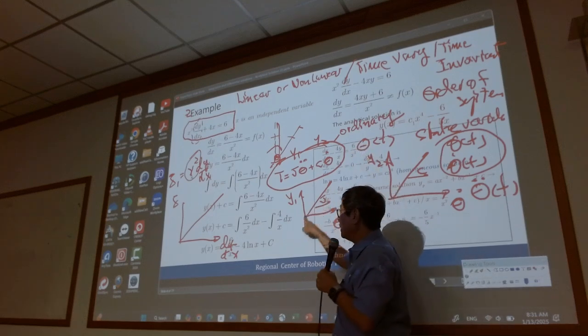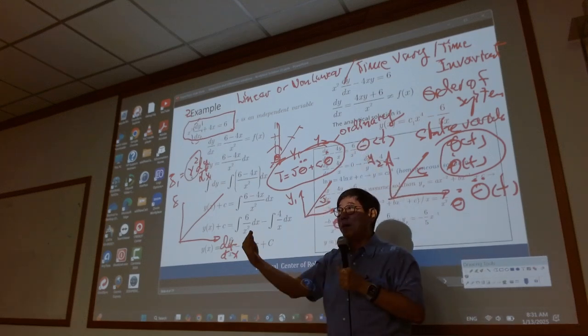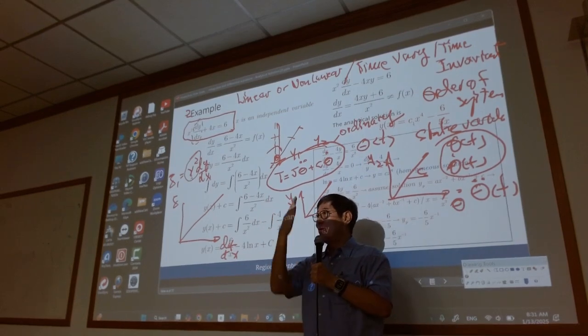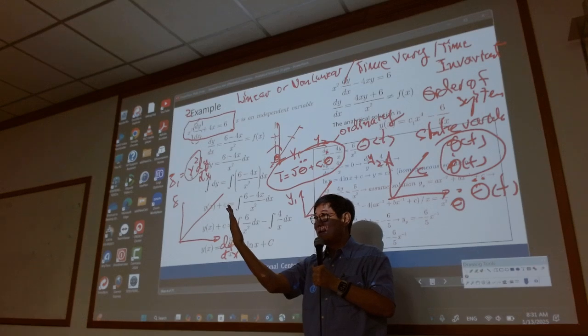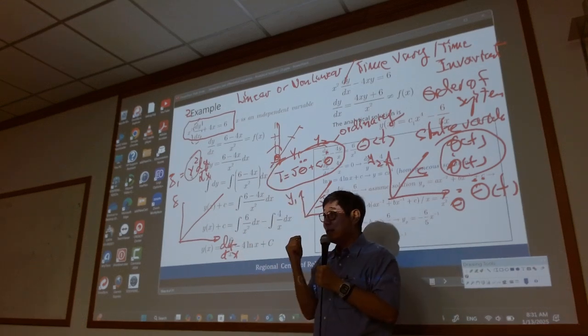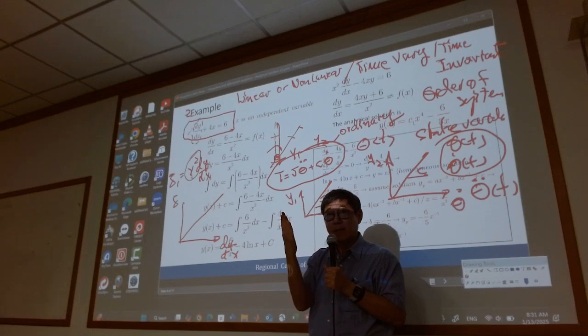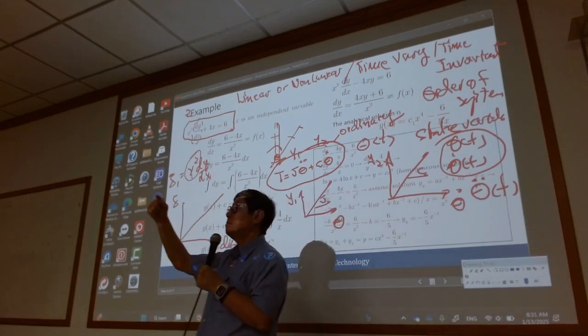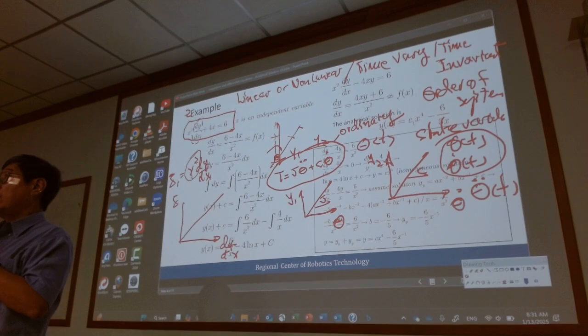At the moment you have this curve, next moment you have another curve, and next moment another curve. You know t, right? T squared. Next time, after 3 seconds, it's 9 squared.